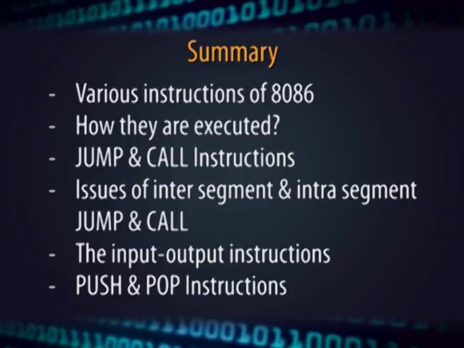Using the stack, how the call instruction is executed, how it maintains the return address which is used when the return instruction is executed, and how the call instruction helps us implement the subroutine calls in the main program was discussed in this topic.